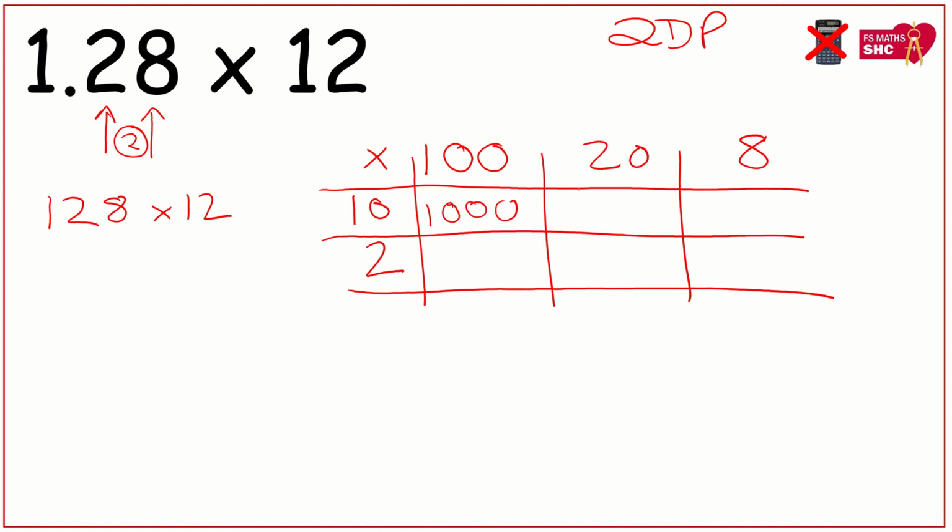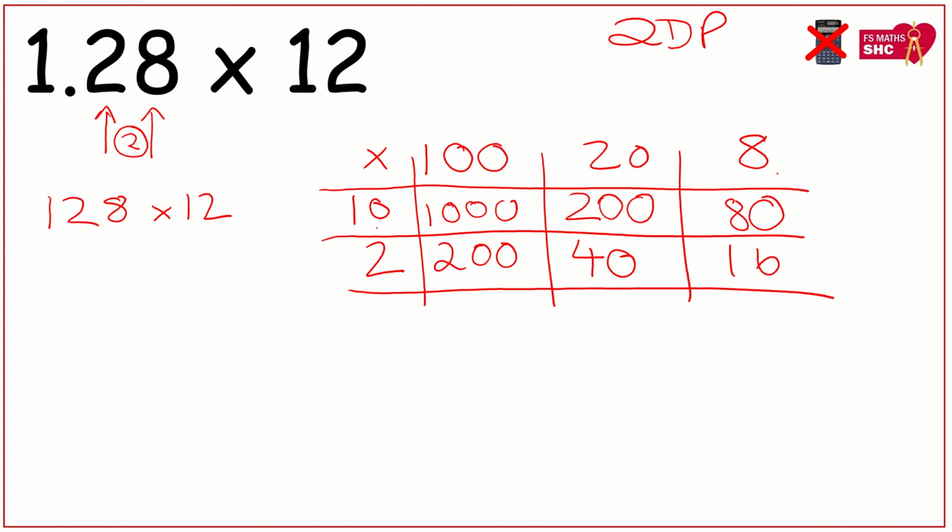So 1 times 2 is 2, and then we've got a 0 and a 0. Now I'm going to do the 10 times the 8, which is 80. 2 times 100, 200. 2 times 20 is 40. 2 times 8 is 16.